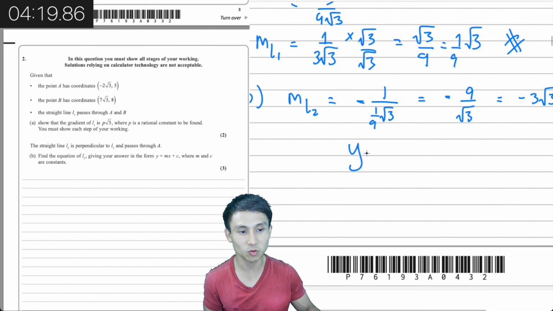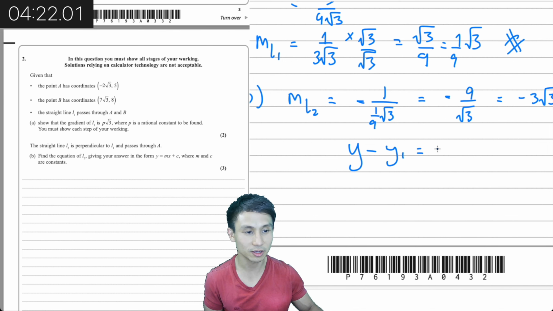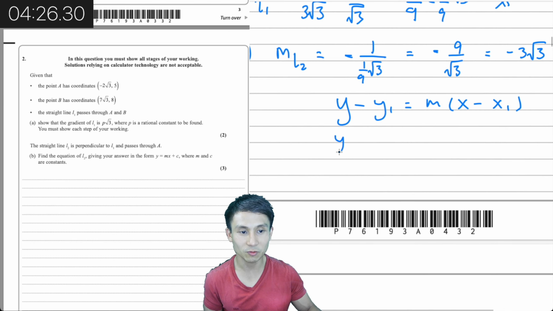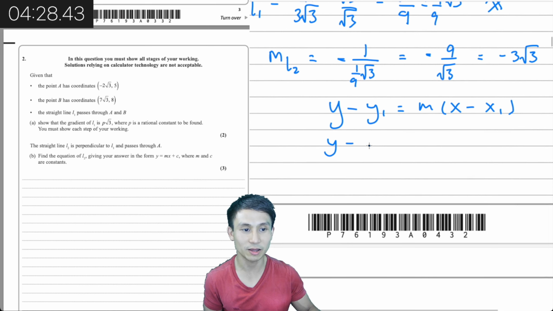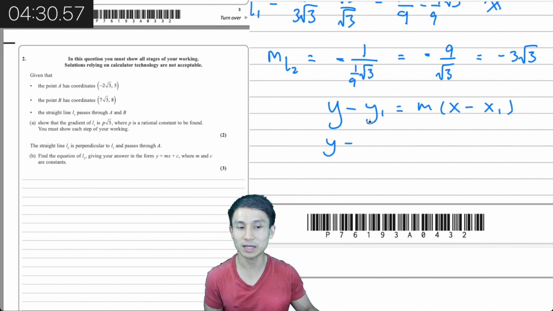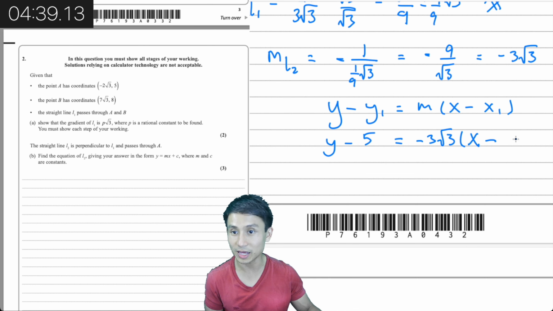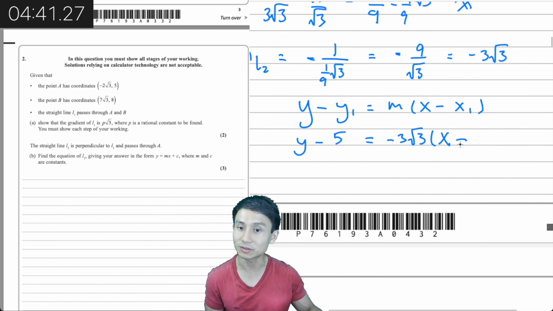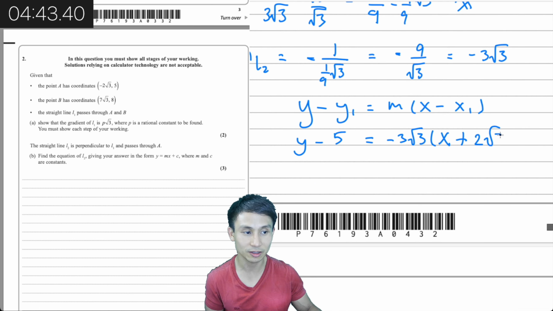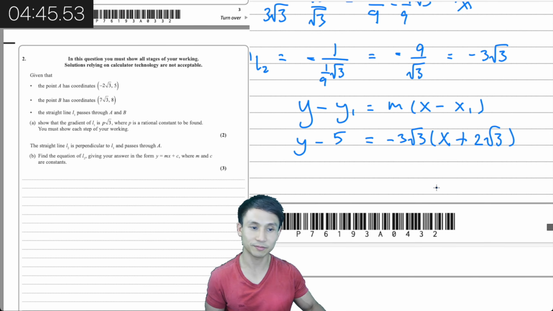So we're just going to use y minus y1 equals m(x minus x1), yeah? So y, we don't do anything to y, we just write y. y1, we're going to just take the y coordinate of A, which is 5. m is just minus 3 root 3. x minus x1 is the x coordinate of A, because it is minus, so we do plus here. Okay, so that's it.